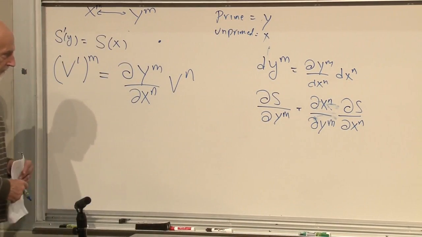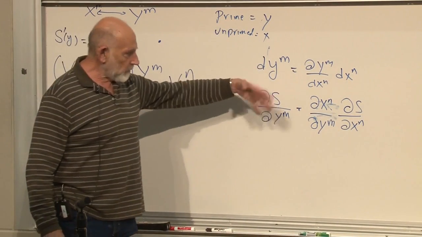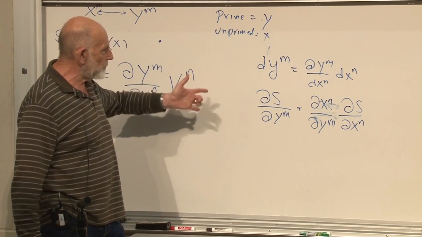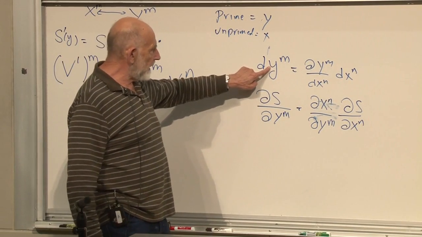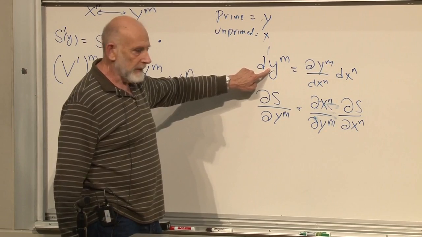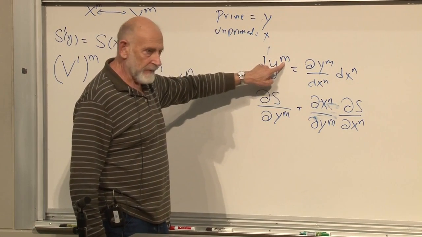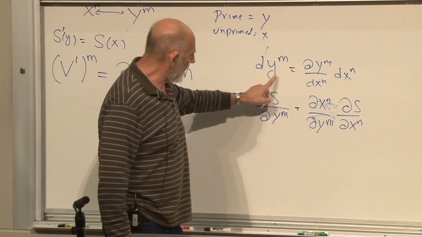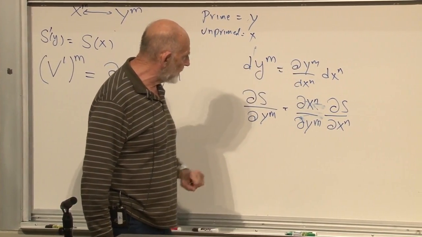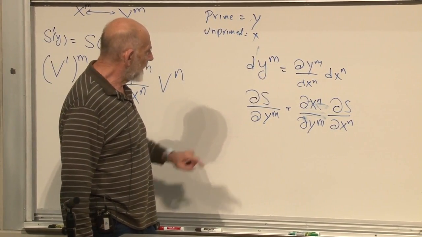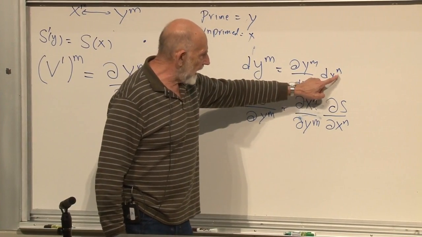Notice the difference. Notice how the notation carries you along. On the left-hand side, I have a y with a superindex, upstairs index m. On the right-hand side, I also have a y with a superindex m. But on the right-hand side, I'm going to have a dx^n.